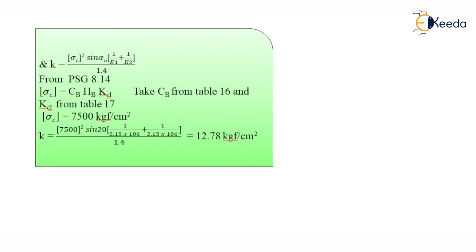We get the value for sigma c as 7500 kgf per centimeter square and the value of K as 12.78 kgf per centimeter square after substituting the value of E1 and E2 as 2.15 into 10 raised to power 6.